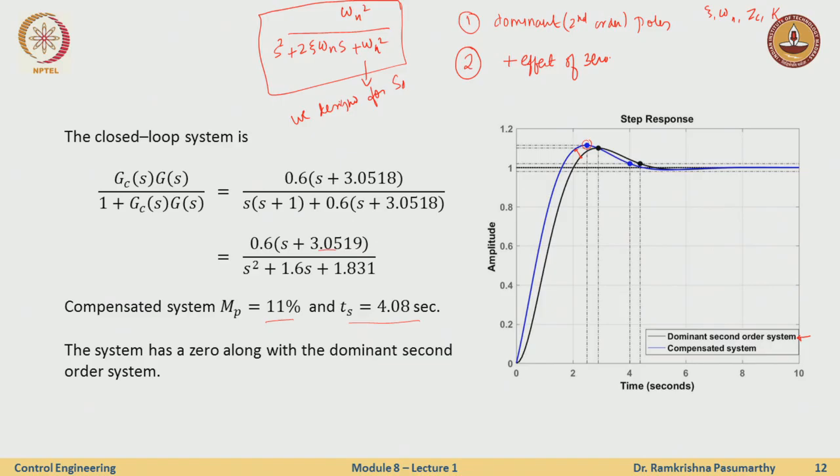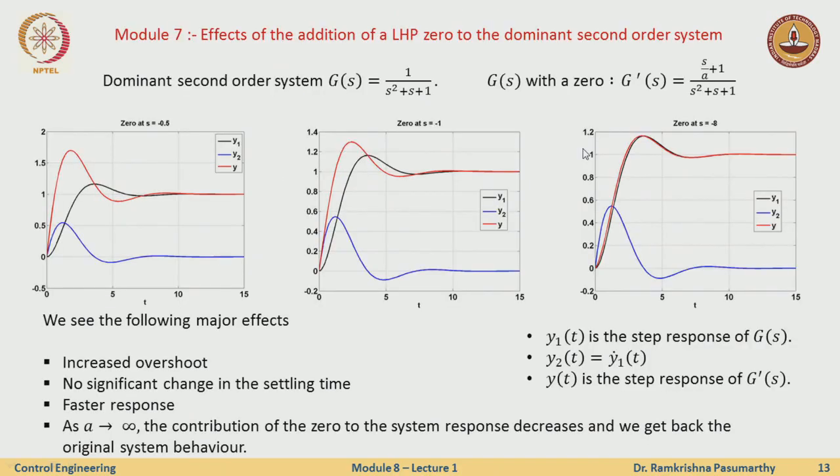Now once I add a 0, is it really dominant? You see here it's close to dominance, but there's a little error. The actual system has 11% overshoot, while the design has 10%. So we'll try to see how we minimize this gap. That also we should be careful of.